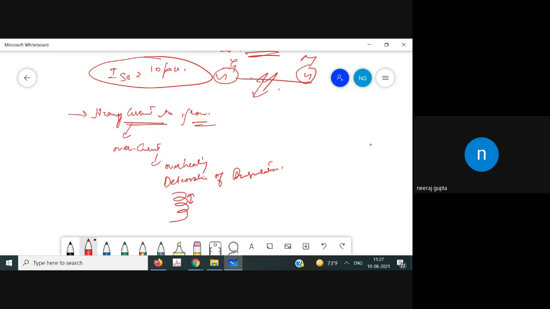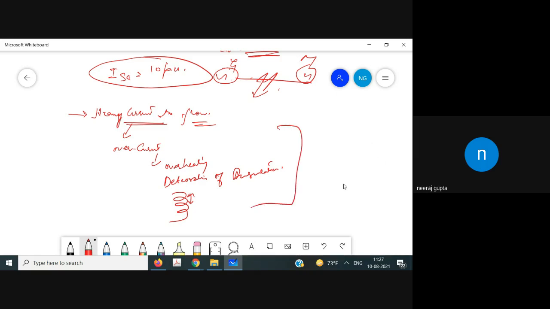This is due to the fact that any two current carrying conductors experience a force, and if the force goes out of bounds, it causes mechanical distortion or damage. So these are some of the effects of the fault current.